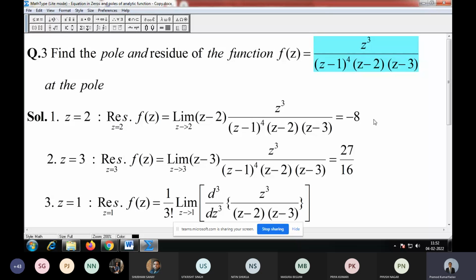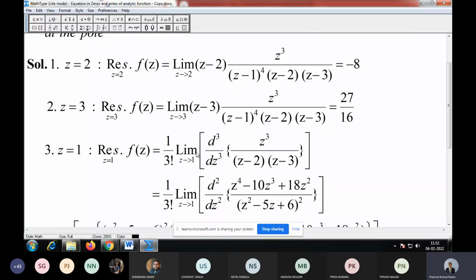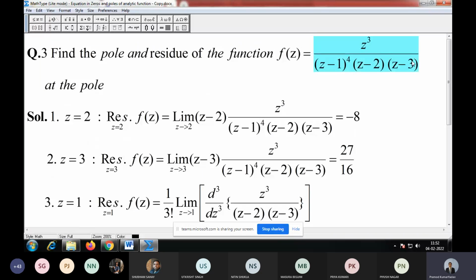And then 1 upon factorial 3. So it is mentioned here. You need to differentiate n minus 1 times, but this whole thing is to be multiplied with z minus 1 to the power n also. Remember the formula. So we will multiply this by z minus 1 to the power 4, so it will cancel out. We need to differentiate z power 3 divided by this one 3 times.